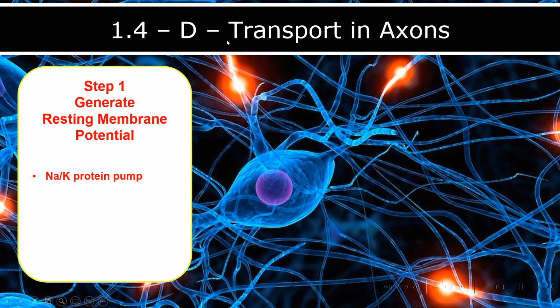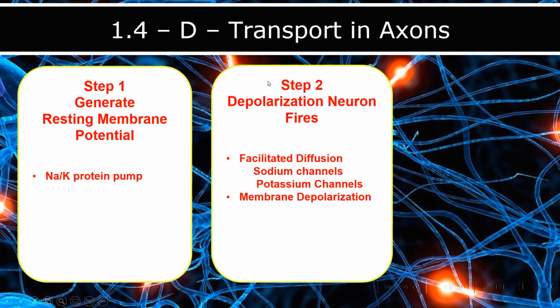So overall, transport in axons and the overall action potential has 3 stages. The first step is to generate that resting membrane potential, which I'm going to tell you up front involves our old friend, the sodium-potassium protein pump. After the neuron depolarizes, we're going to have facilitated diffusion through the different channels.